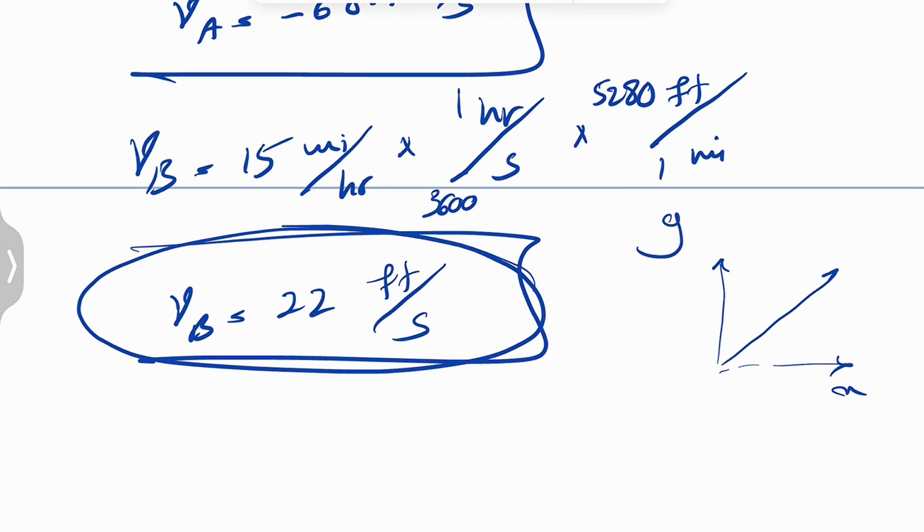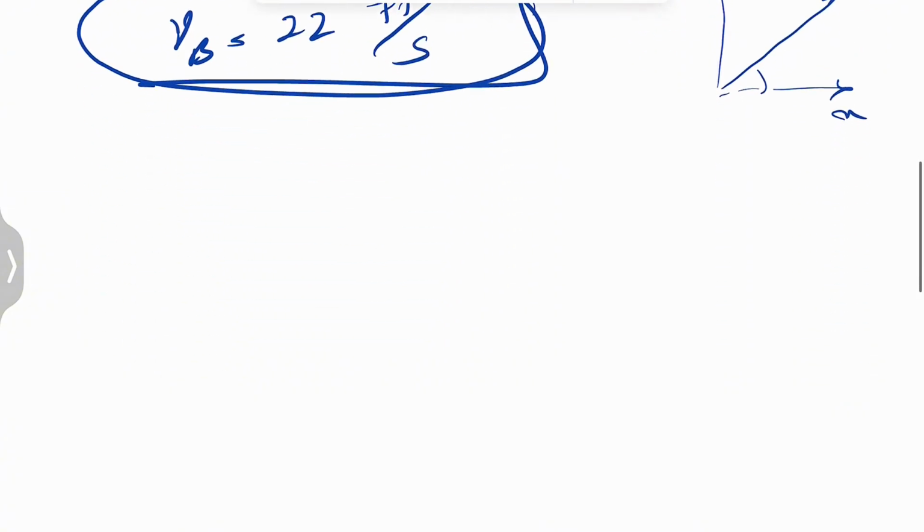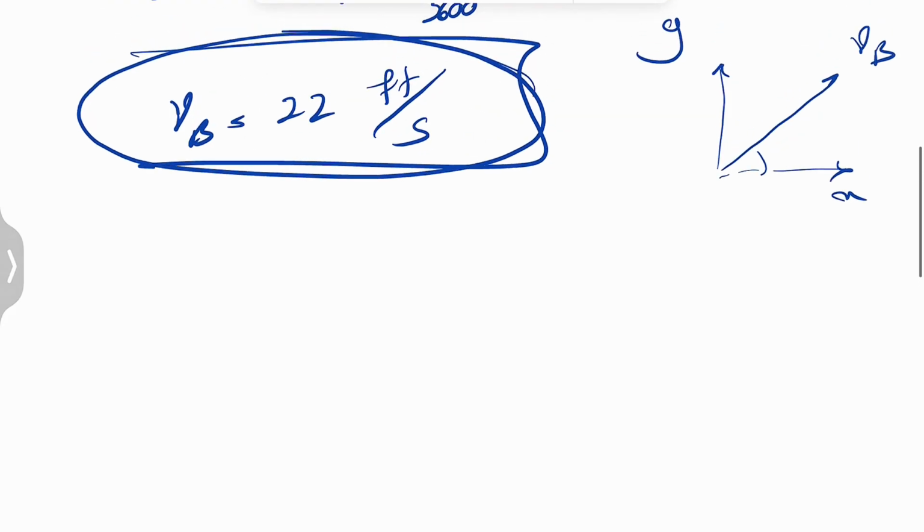If this is our x and y, vB has both x and y components, which we can resolve for that vector velocity.